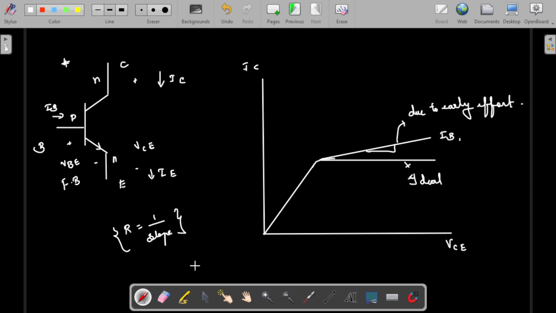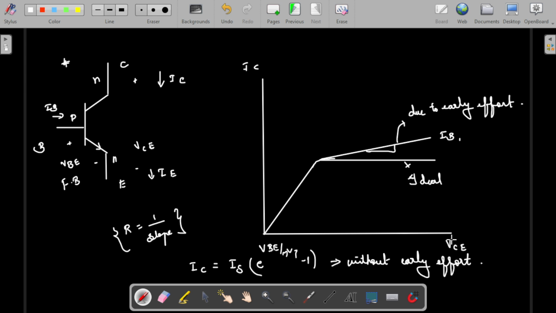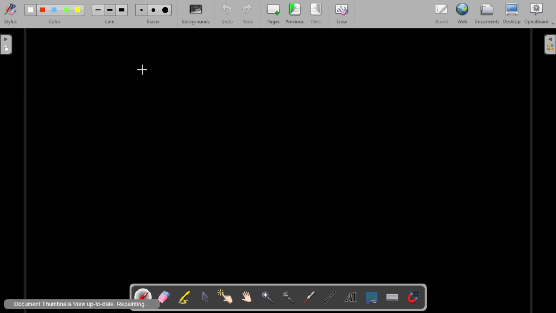Our IC formula is equal to IS e power VBE divided by eta VT minus 1. This is the normal condition without early effect. When we are considering the early effect, see how the formula is modified, it's very crucial.